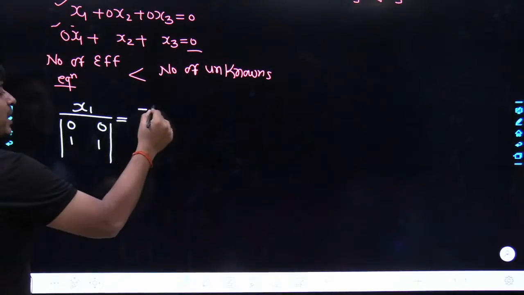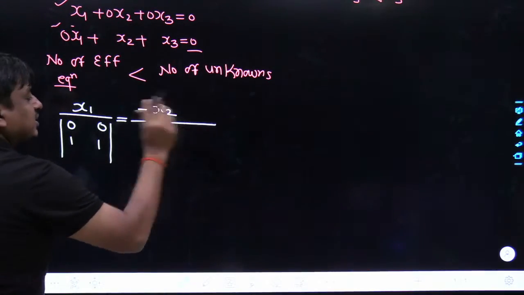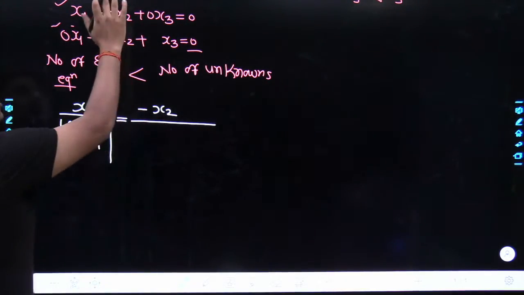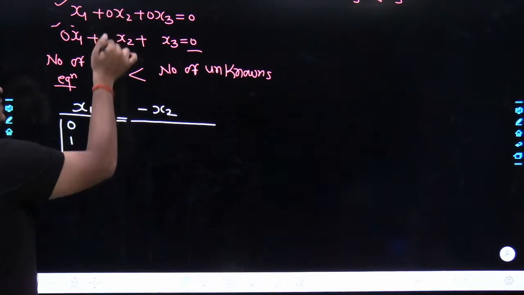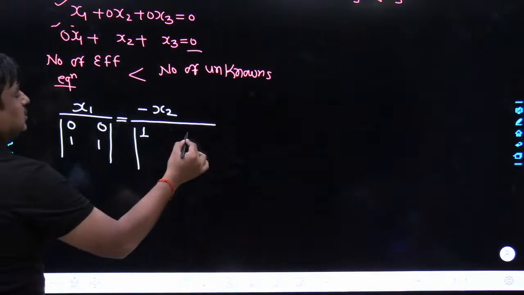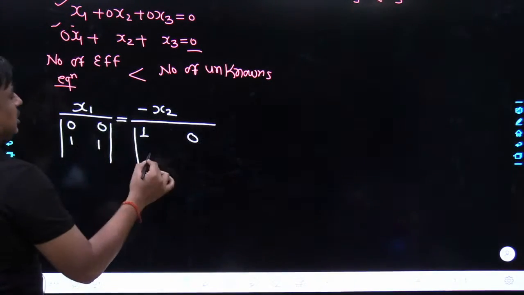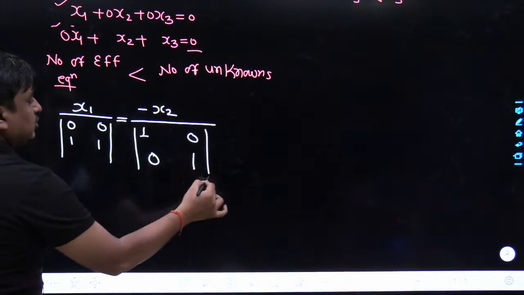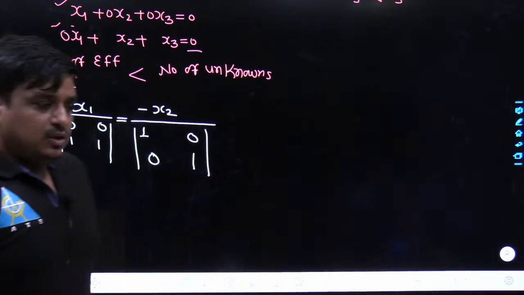Keep in mind the minus sign comes here. Many students get confused over here. Now if you are standing over here, you have to leave this column. You will start with the term: x1 is 1, then here it's going to be 0, then 0, and then 1.